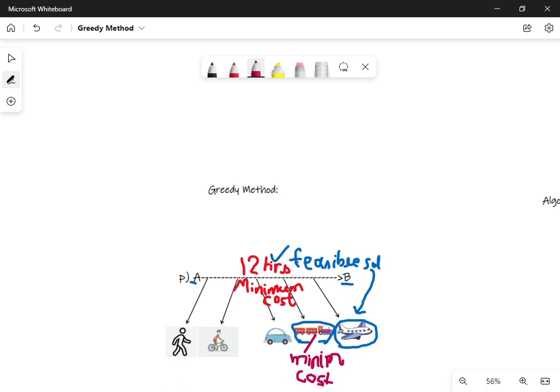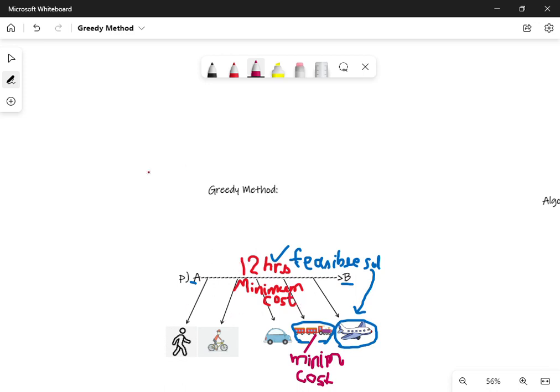The first condition was that we have to travel in 12 hours from point A to point B. So we can travel through train or through plane. So the train is feasible also. And our second condition is that the person should incur minimum cost traveling from point A to point B. So by train he incurs minimum cost. So the train is our optimal solution.